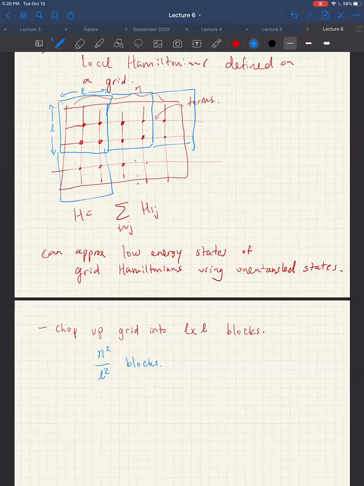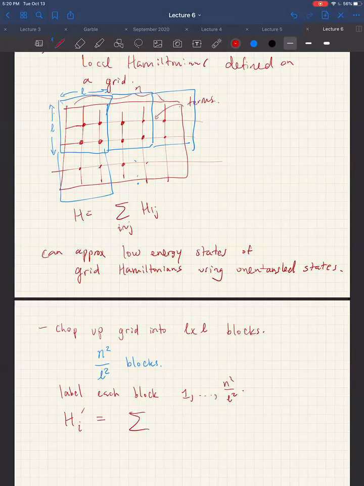And within a block, there's a bunch of Hamiltonian terms, and we can group the Hamiltonian terms together. Let's label each block 1 through n squared over L squared. And I'm going to define a new Hamiltonian term for the ith block.